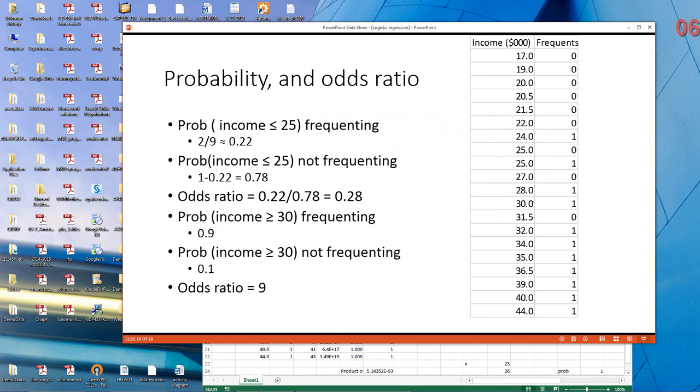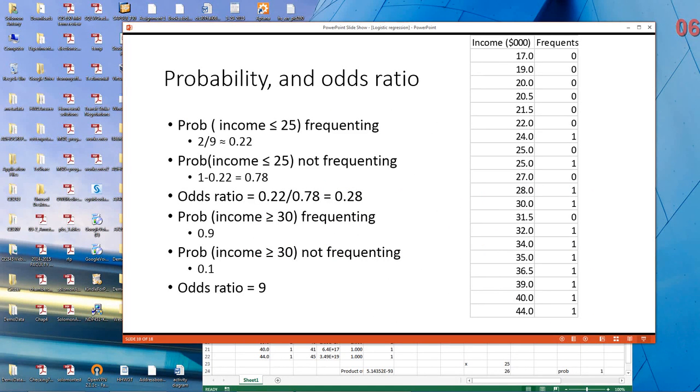Now I'm sort of jumping the gun, but what we want to find out from this data is the probability of frequenting restaurants if the income is less than 25,000.